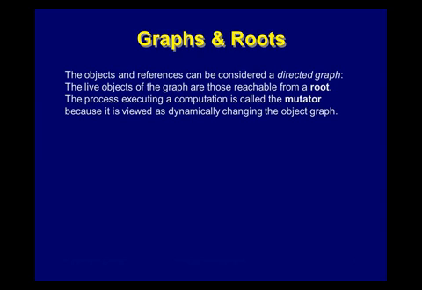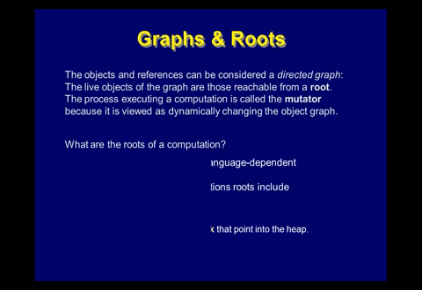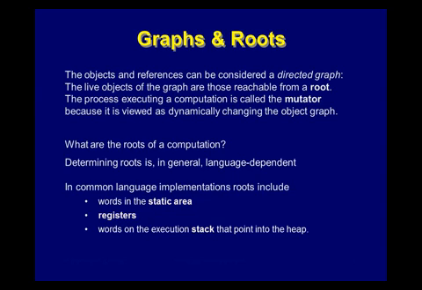In a graph there is a root node, that is the upper node, and then there are sub parts known as the parent node and the child node. So different parts of the graph are known as the root, parent and child. We also studied what the roots of a computation are. These may be the static area, registers, and the stack.